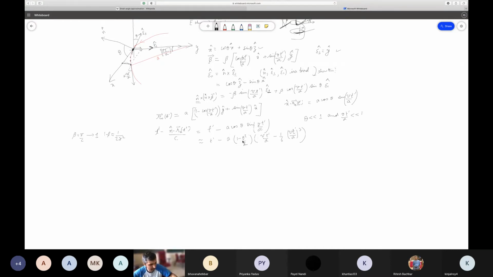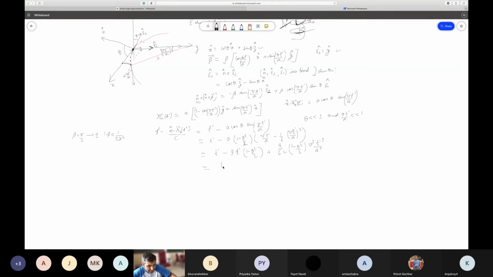So if I expand this out, this is equal to t prime minus beta t prime times 1 minus theta squared by 2 plus a by 6c times 1 minus theta squared by 2 times V cubed t prime cubed by a cubed. So this is t prime times 1 minus beta.